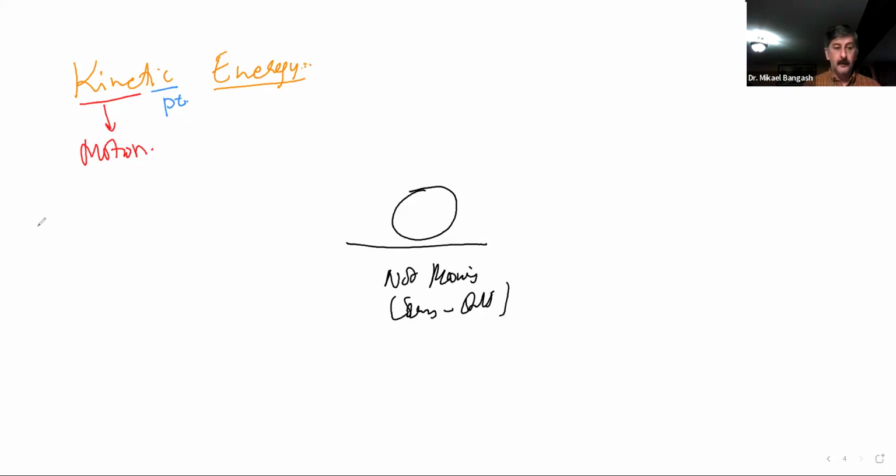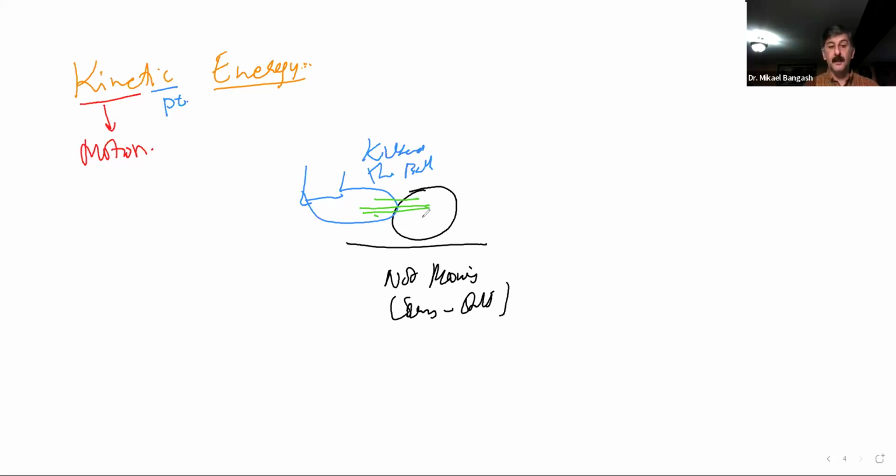Now, you may see that somebody comes and kicks this ball here. The eye of a layman will say somebody kicked the ball. The eye of a physicist will see that there's going to be a transfer of energy from that moving foot to the ball.